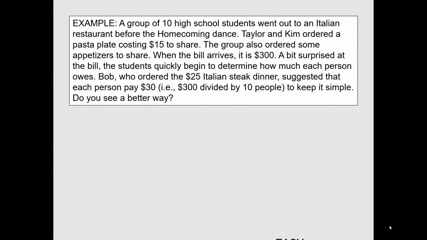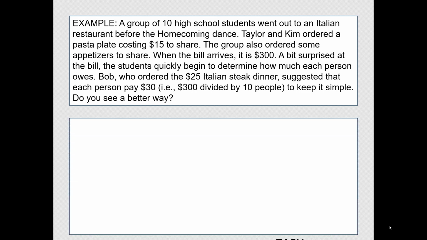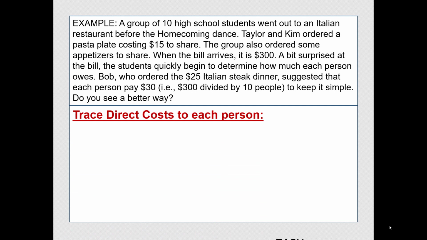So of course you probably said, well, they should probably trace direct costs to each person and then allocate the common costs on a rational basis. Well, the direct cost would be the cost of the entree plus tax and tip. That could be traced directly to each person, so Bob would pay for his own $30 steak dinner.